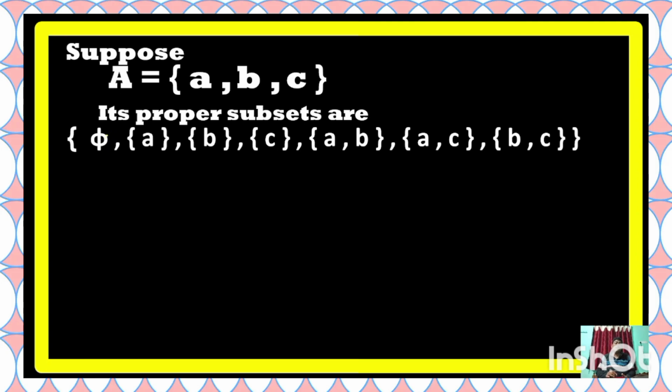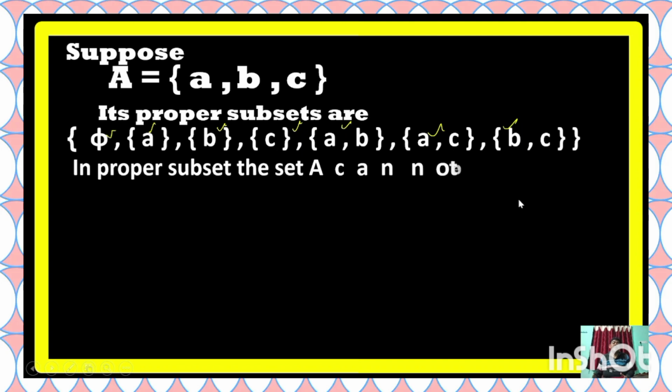You can see clearly on the screen, how many proper subsets are there? Here 1, 2, 3, 4, 5, 6, 7. It has 7 proper subsets. It means if the set A has 3 elements, it has 7 proper subsets. Total number of proper subsets is 7. Understand? And all of you know the proper subset. Okay. You see, while you are finding the total number of subsets of sets.